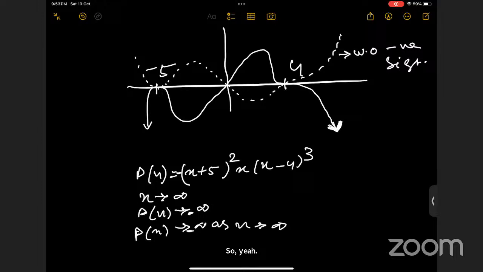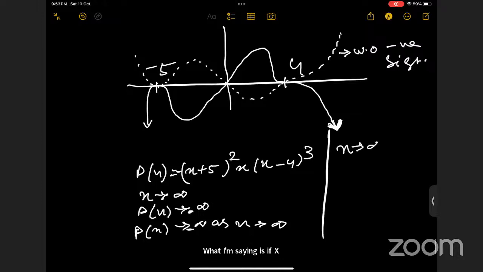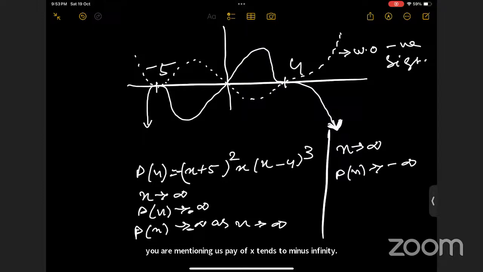Madam, you are saying that when x tends to infinity, p of x tends to minus infinity. How are you determining that? When you take the equation x plus 5, how do you come to that conclusion?